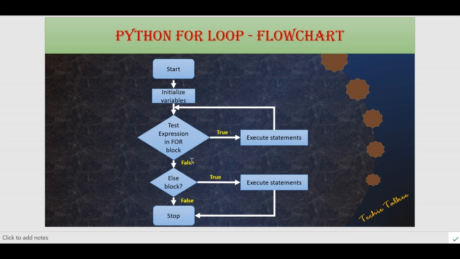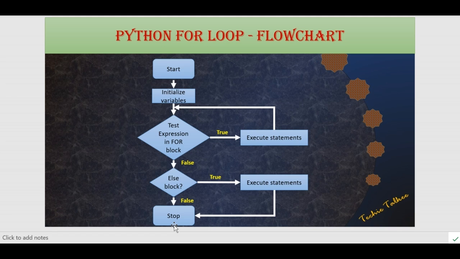And till the expression evaluates to true, the for block executes, and it will keep looping through that expression, and it will retrieve the data one by one. Once the expression completely executes, then it will go to the else block. If we have given any else block in our code, then the else statements will get executed. If not, the program will stop the execution.